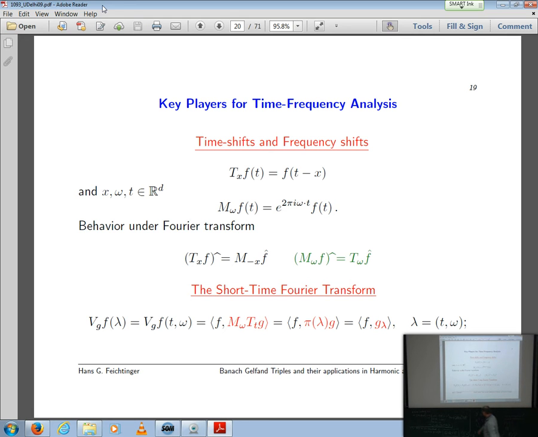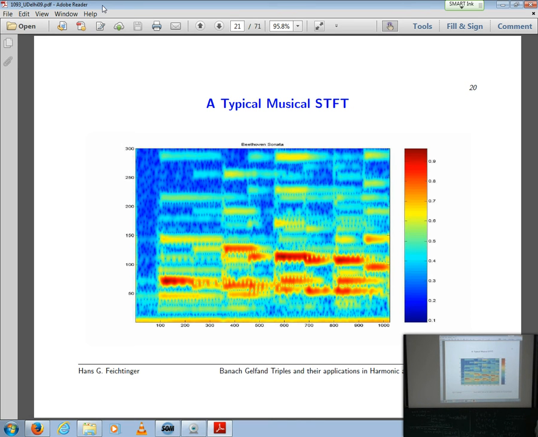I put down here a link or hint. If you Google for STX and ARI, you can download the software which Peter Balazs offers from his group, the Acoustic Research Institute. And then you would have a real-time version of such a spectrogram. This is a piece of a Beethoven sonata, and that is a function of two variables, where at each moment in time you see the frequency distribution. So the spectrogram is such a thing.